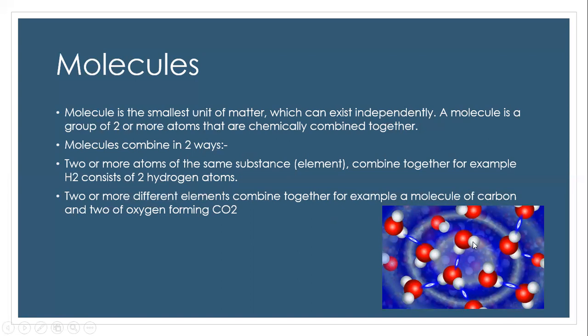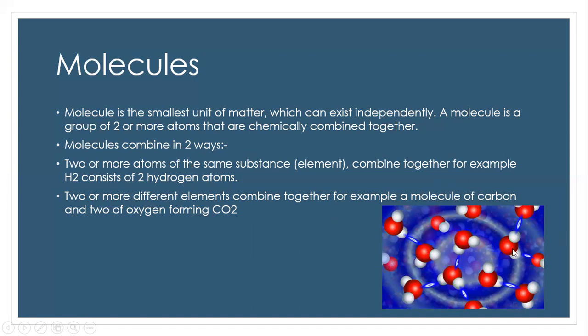You can see these two white and this red one; actually, atoms don't have a color, it is just represented so you can distinguish between the elements. Consider the white as oxygen and the red one as carbon. So, CO2. Consider this carbon and this oxygen, CO2.